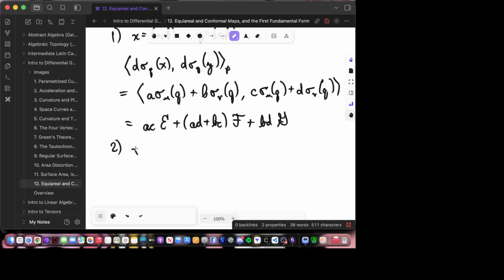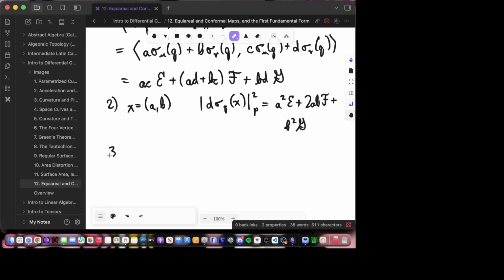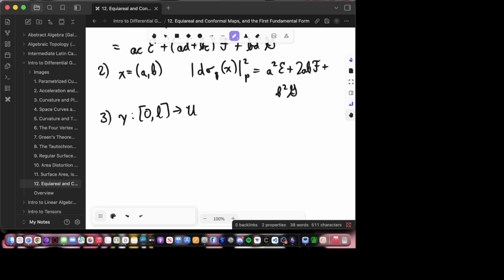Then we have x equals (a, b), then the derivative of sigma at q of x squared at p is going to be a squared E plus 2abF plus b squared G. Then, if we have a regular curve, gamma, from 0 to L to U, where U is the domain of our surface patch, and gamma of t equals u of t, v of t, then the arc length of the curve's image on the surface is going to be equal to the following.